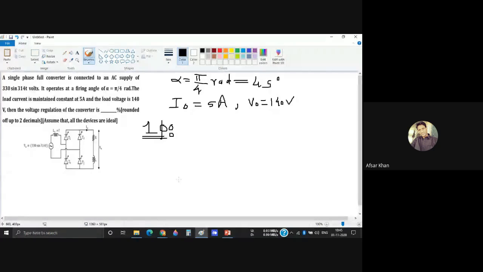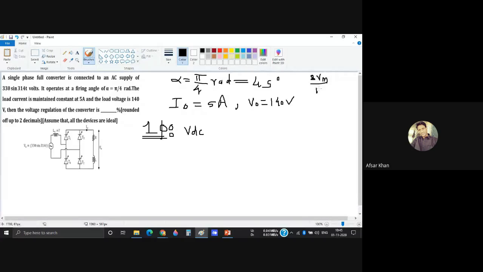Now for single phase, the formula for VDC, the average DC voltage. As I told you, in your EDC uncontrolled rectifier, it was twice Vm by pi. Yes or no, students?